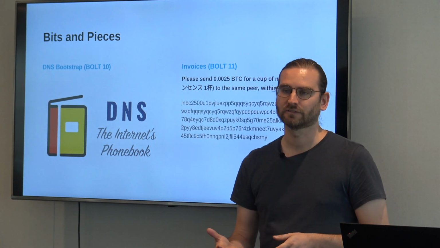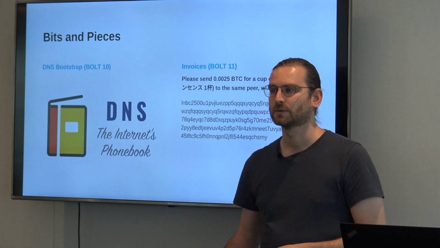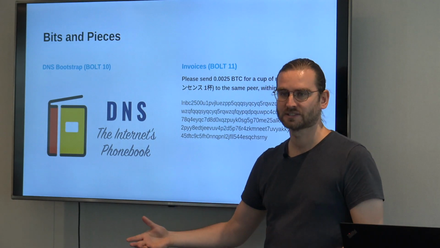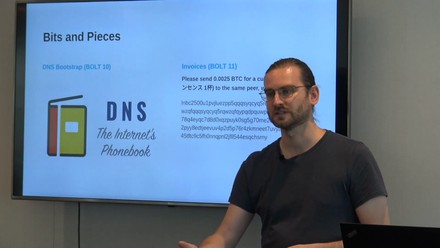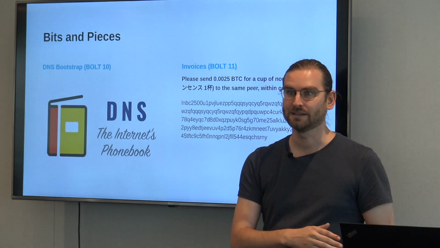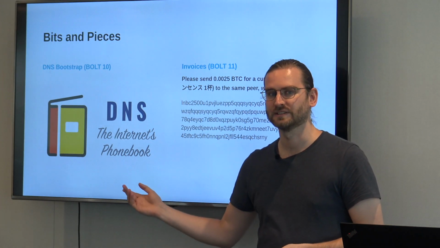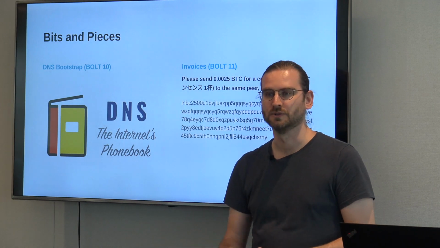Since we need to have the node ID before we can actually start talking to them, we're using the SRV records to serve you the node ID first, and then you can look up the A or AAAA records for these domains, and then you know whom to contact.